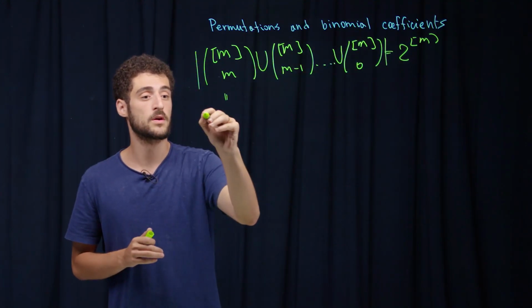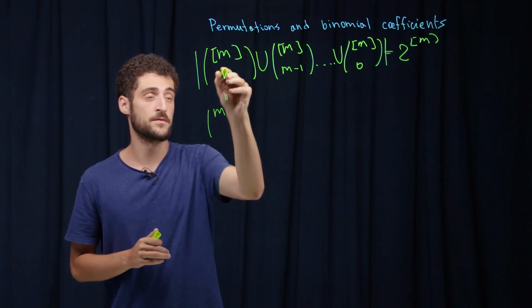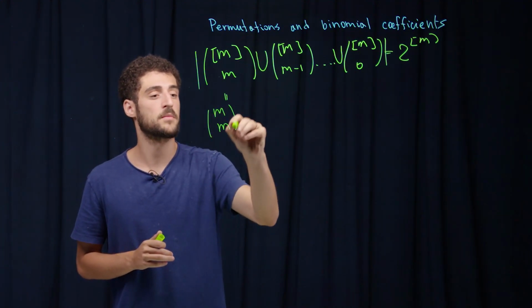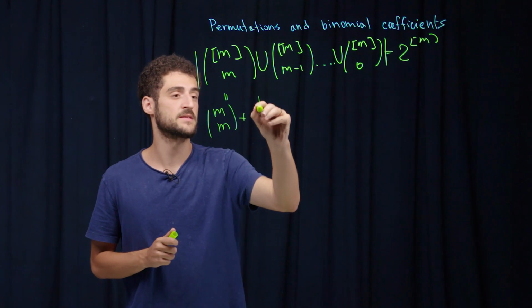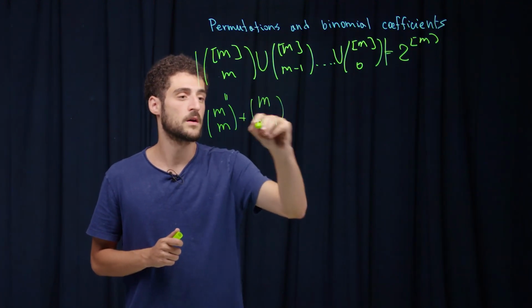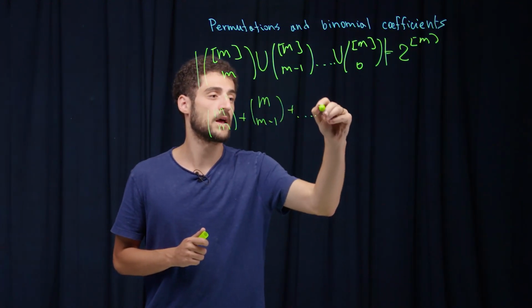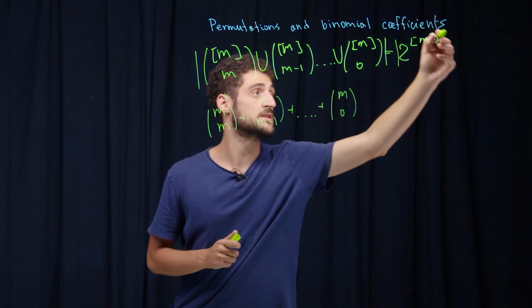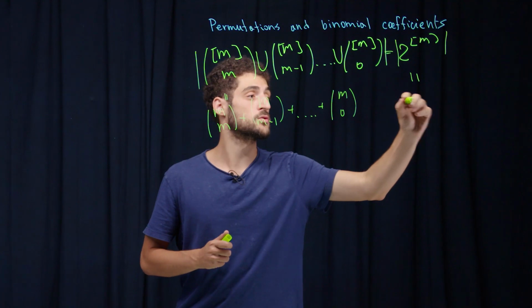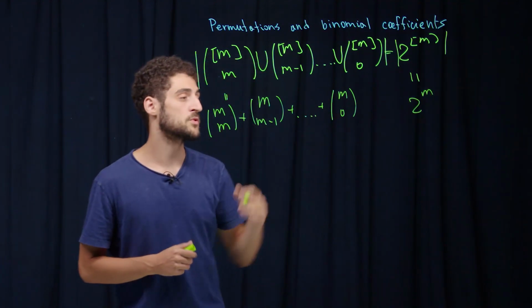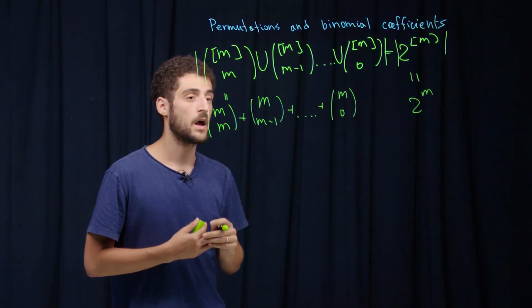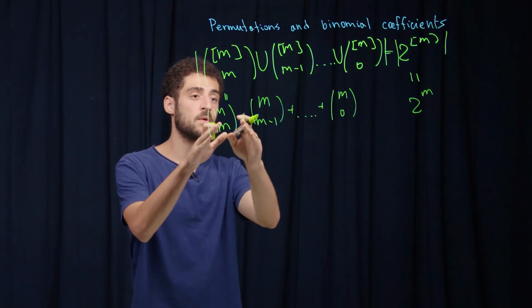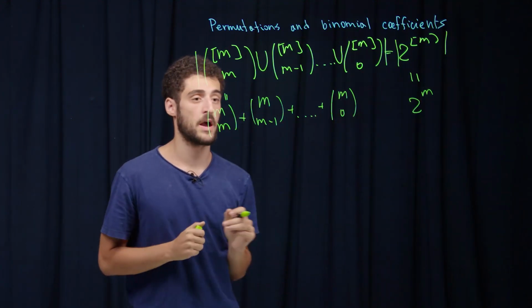So it's equal to the size of the first set, m choose m, plus the size of the second set, m choose m minus 1, plus ... plus m choose 0. And it's also equal to the size of this set, which is equal to 2 to the m, which we proved in the first video. In other words, we know that the sum of this is equal to 2 to the m.